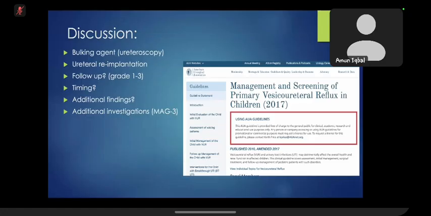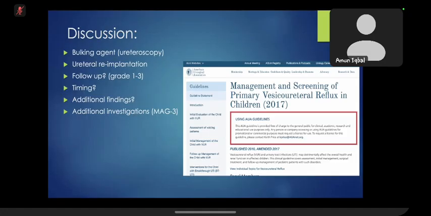Or the patient's bladder is getting affected, and he or she is about to lose control of the urinary bladder because of repeated UTIs, then this is an indication for surgery. So anytime during the follow-up, which is usually about 6 months, if the baby presents with these findings, then the surgeon knows that he has to intervene and do the surgery.